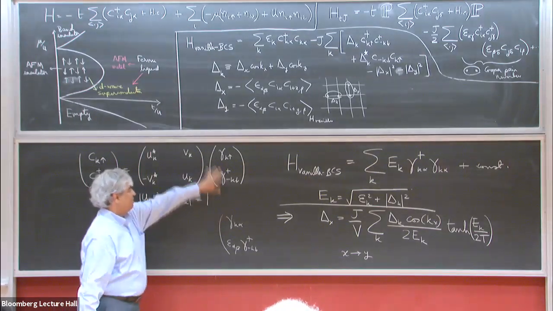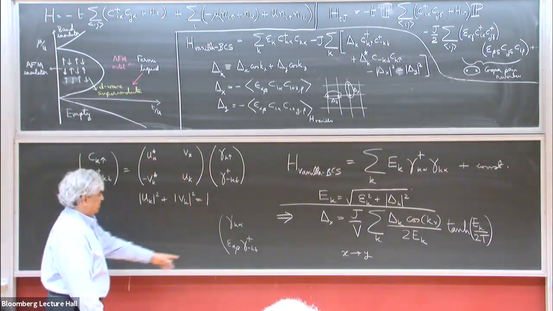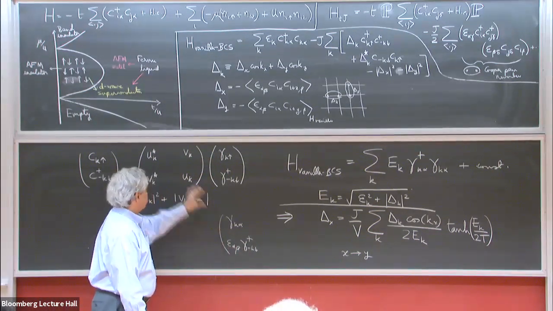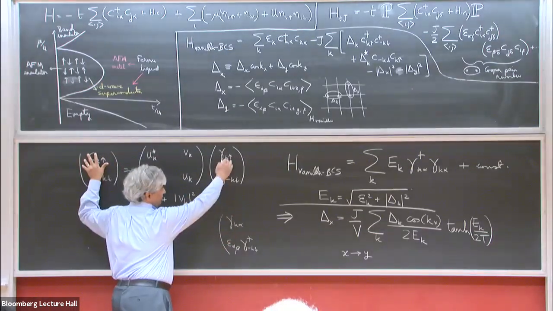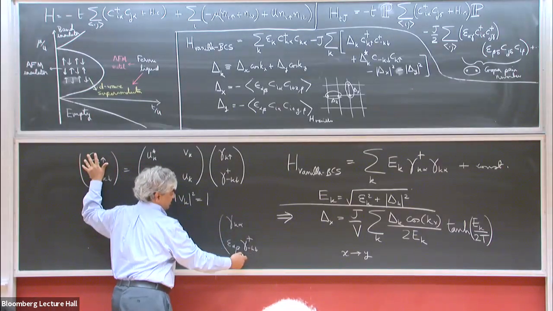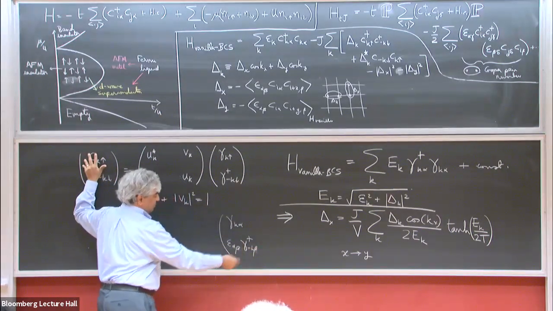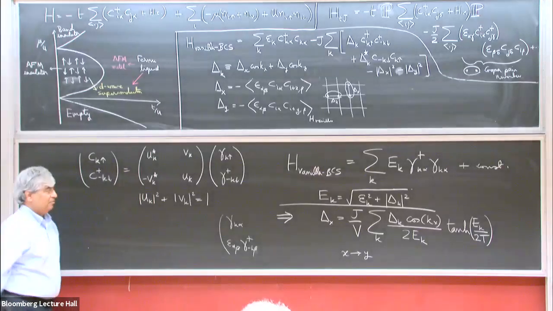So that's basically what's been done here. This gives you the upper component of this, and you can check that this object has exactly the right rotations to be consistent with spin rotation symmetry.